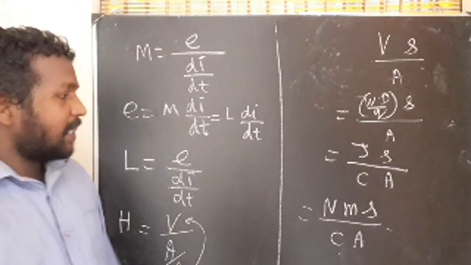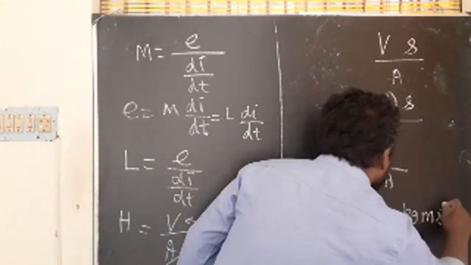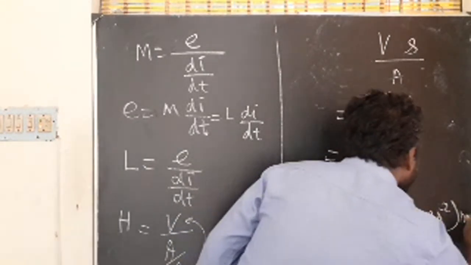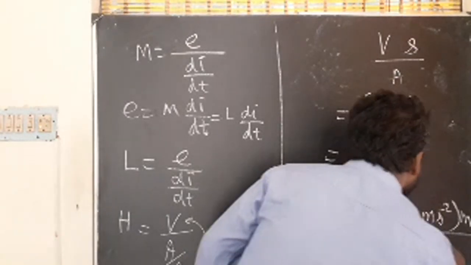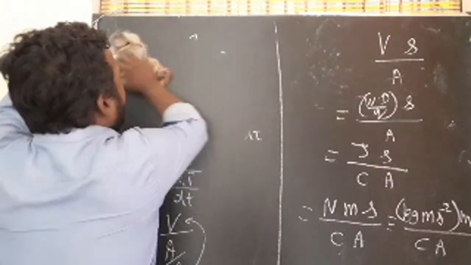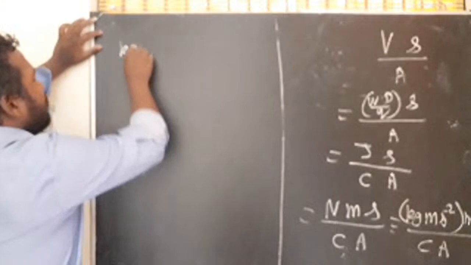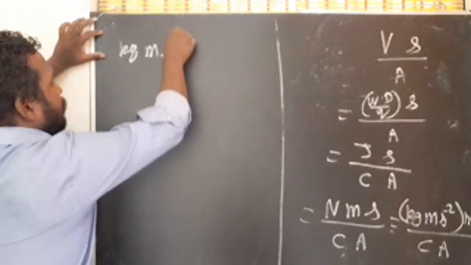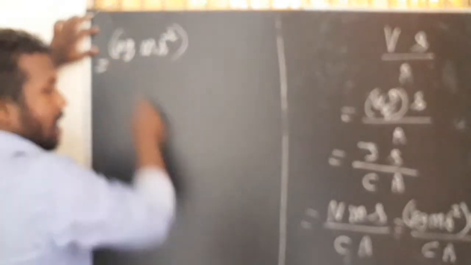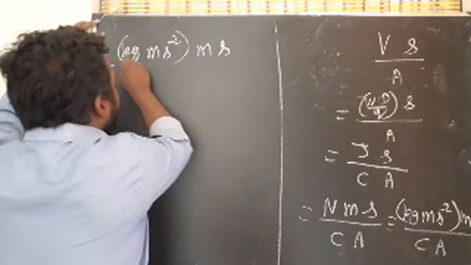Newton, what is Newton? It is a force unit. So force we can write as kg meter second minus 2, and we have meter, then we have second, divided by coulombs.